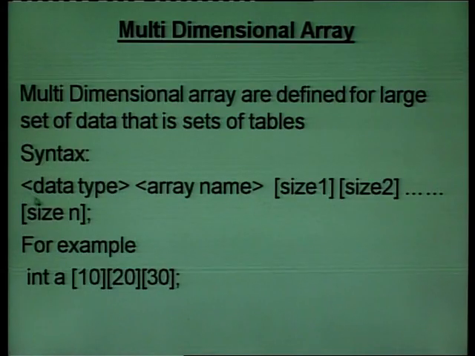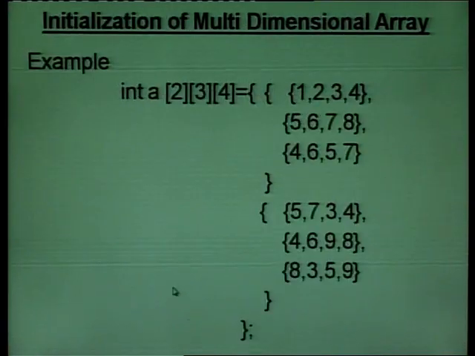The syntax for a multi-dimensional array is data type, array name, size 1, size 2 and then size n. The example is: int is the data type of the array, A is the name of the array, 10 is the number of sets, 20 is the number of rows, 30 is the number of columns in it. After that it ends with a semicolon.